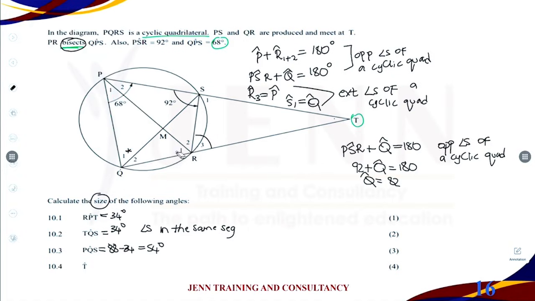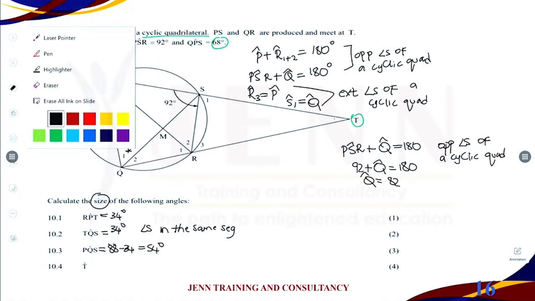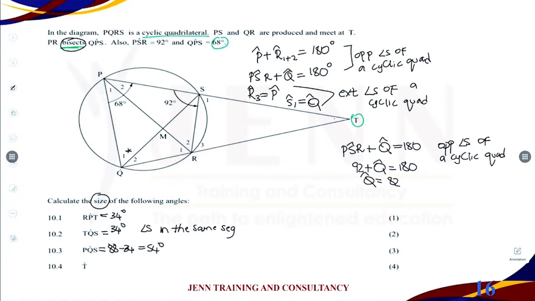Now when you look at our diagram, you notice something. P, Q, T. And yes, PQT is a triangle.